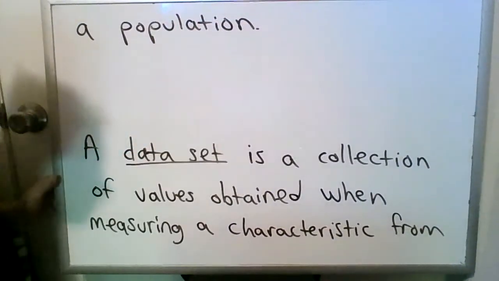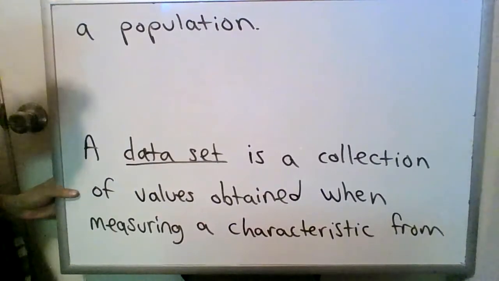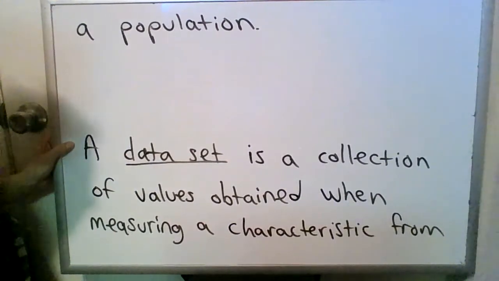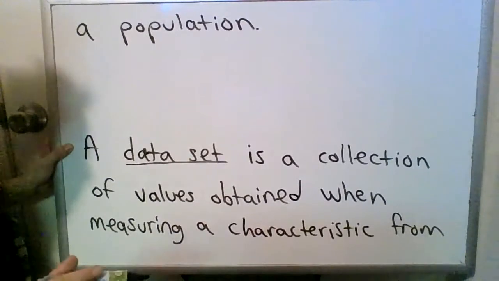I think I'll try to draw a picture, but it's kind of the same idea, but we're getting more into statistics, like doing a study or an experiment, and you're looking at a group of people or a population of something, and you are interested in a certain characteristic from that population.